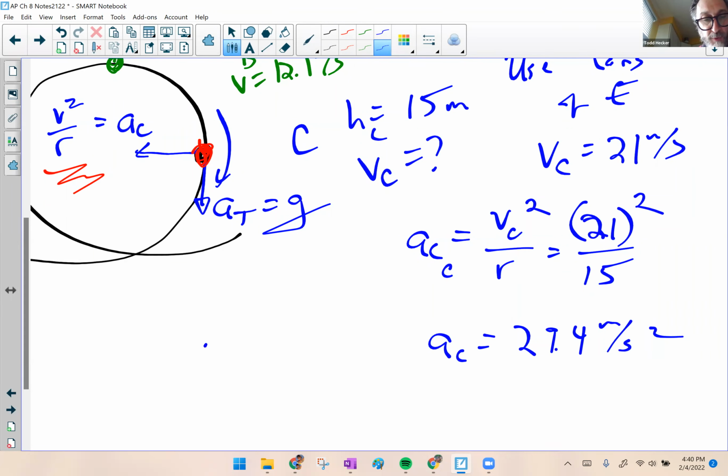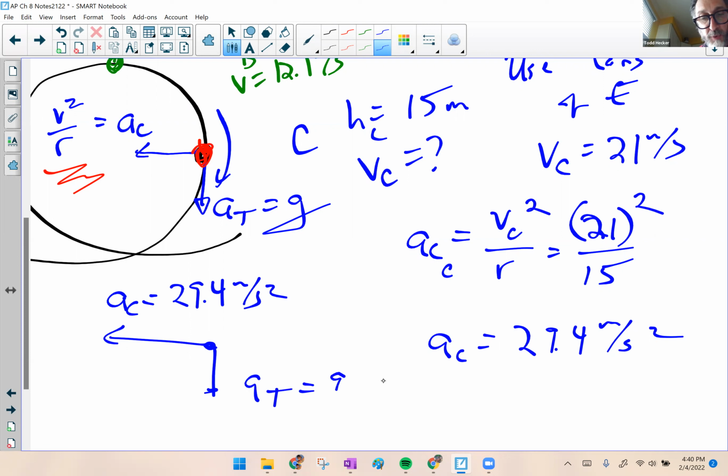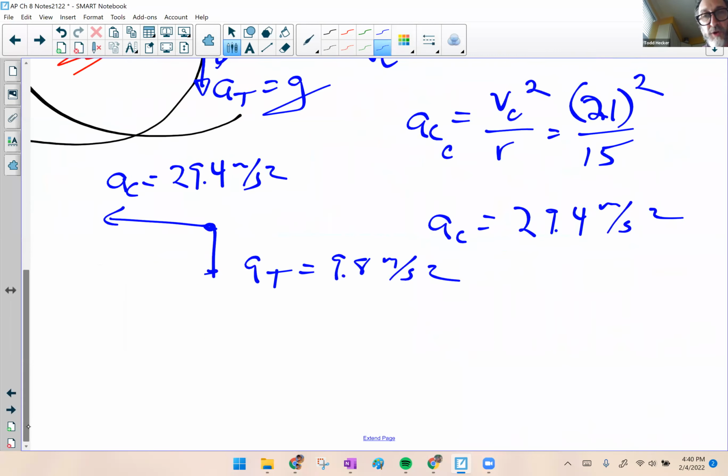So when he's at that point, here's what we've got going on. We have a centripetal acceleration of 29.4 meters per second squared, and a tangential acceleration of 9.8 meters per second squared. Now we just do vector addition to find the overall acceleration. So AC, AT, here's our acceleration.